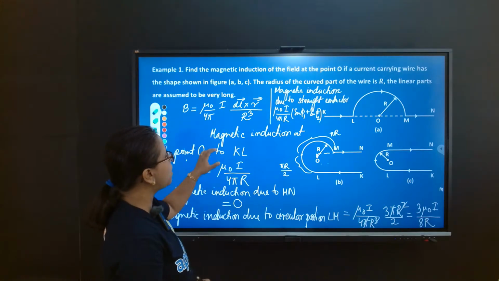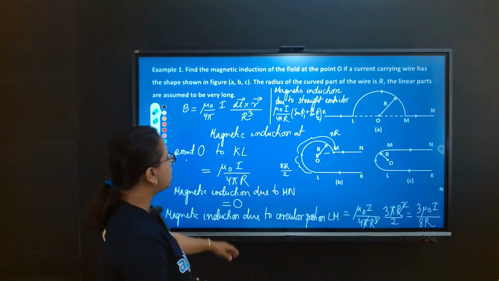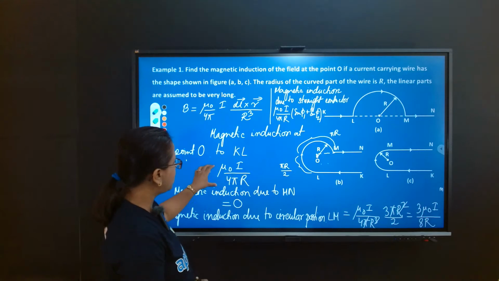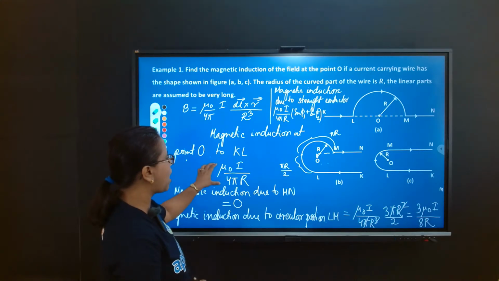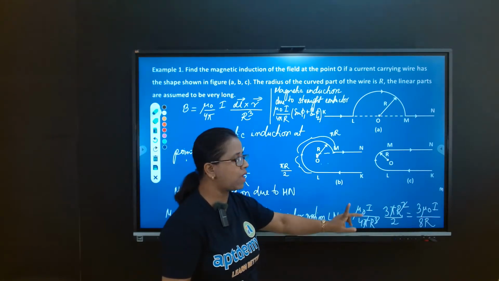So we have the net magnetic induction at the point O due to figure B coming up as one part of it, that is mu naught I by 4 pi r, plus 0, plus we have 3 mu naught I by 8 r.